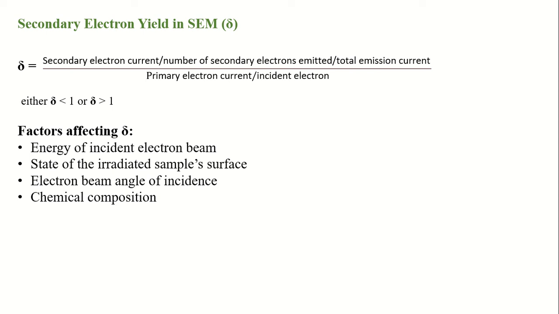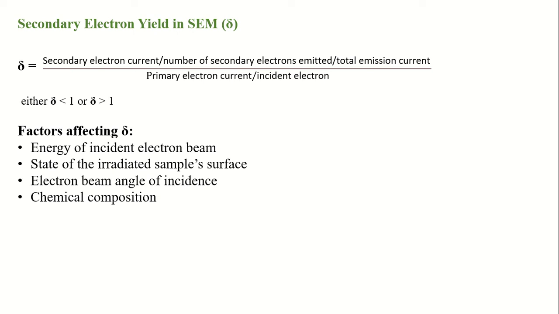What does it mean? It means the secondary electron yield depends on the sample surface, meaning what kind of sample you are using, maybe conducting, non-conducting, or semi-conducting. The third point is the electron beam angle of incidence.